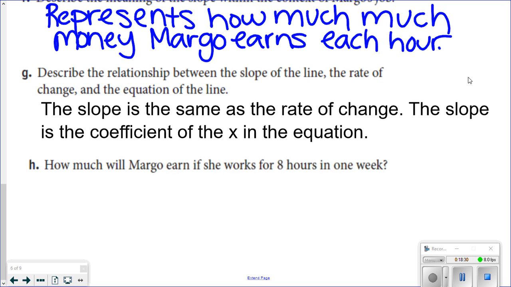So slope and rate of change are synonymous. They mean the same exact thing. They were all 2. And then f of x equals 2x. That's the number in front of the x. So essentially, they're all the same thing.